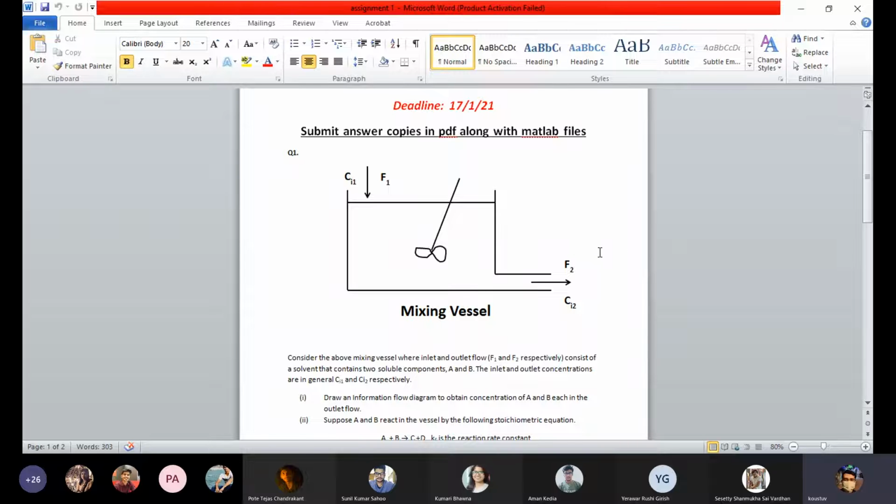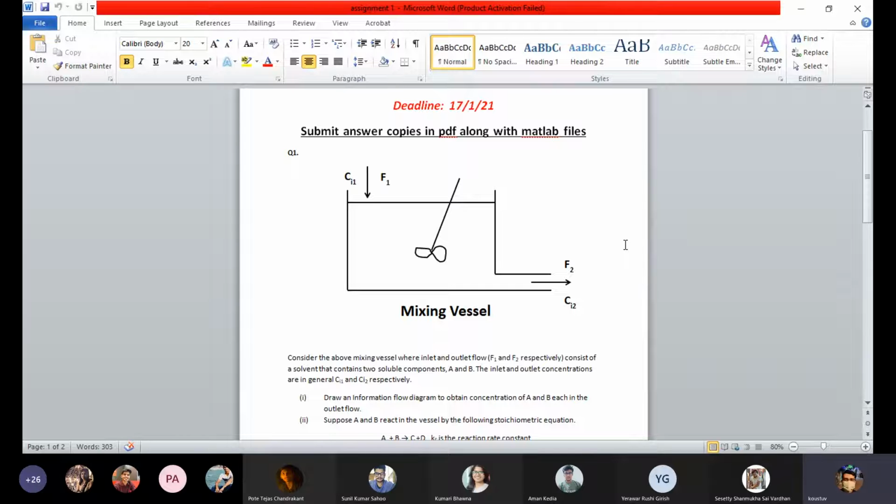Basically 1 and 2 are the entry and exit points. 1 refers to entry points and 2 refers to exit points. The inlet and outlet concentrations are in general Ci1 and Ci2. There could be as many components as needed, but here it is only 2.